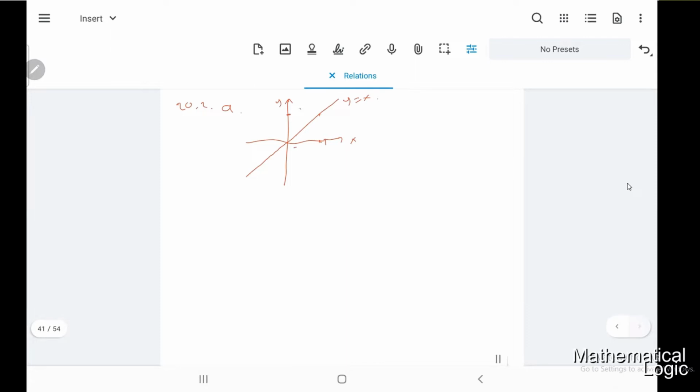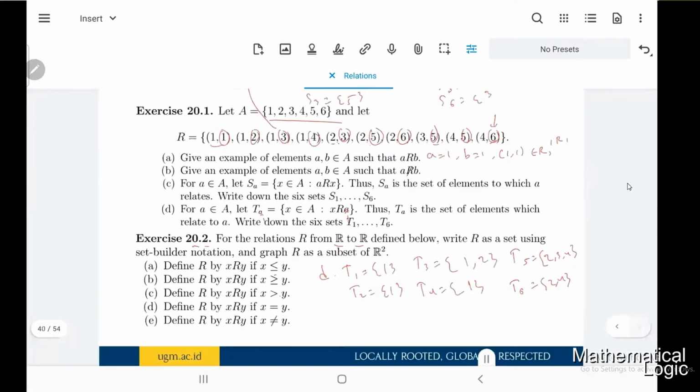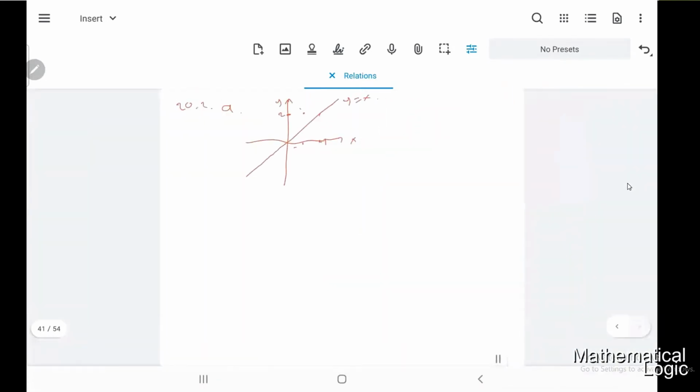So just check. For example, this one is 2, and this one is 1, and this one is (1, 2), right? So you have X is less than or equal to Y. So it should be all of this: everything on this line, and everything above the line.